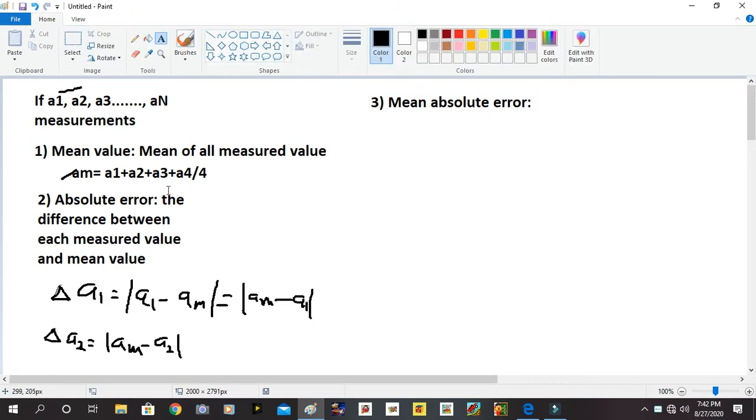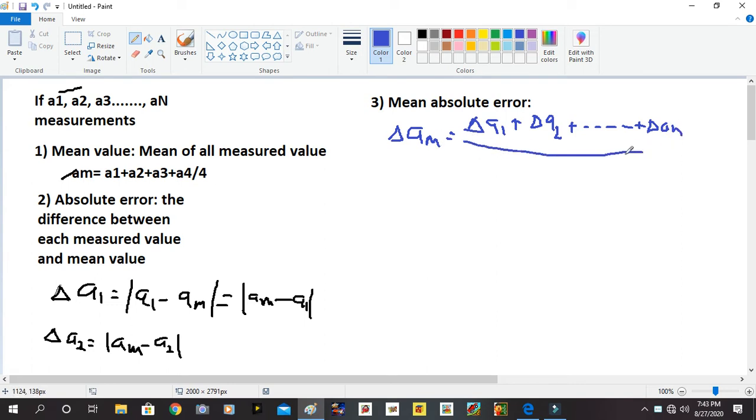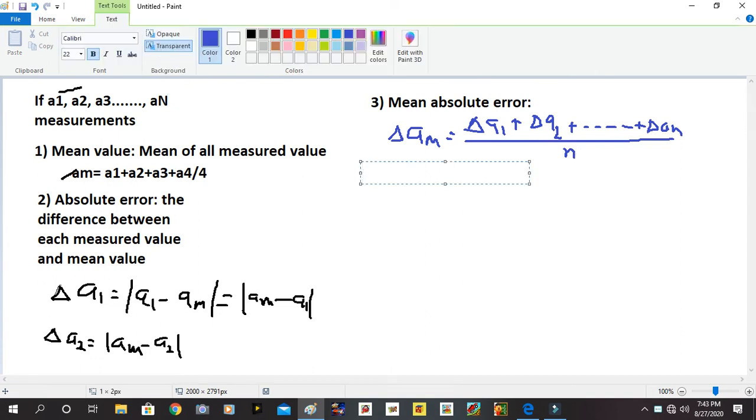Suppose you have 3 values, then I shall write delta AM is equal to delta A1 plus delta A2, and if it is n times, then you will write it up to delta AN, and divided by n again. Divided by n.